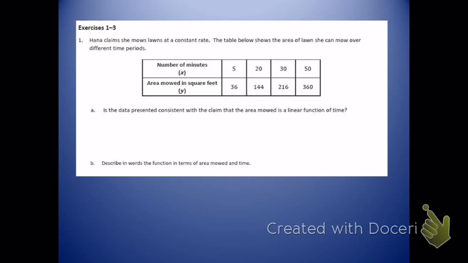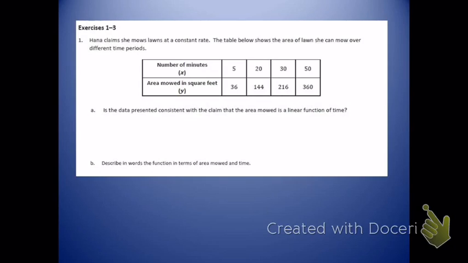Okay, there are 3 exercises for you to work on independently or with a partner who's working with you. But if you want to try those first and then come back and check your results with the video, you could do that. Notice that most of what we're doing here is just adding some vocabulary to the linear equations experience that you've already had.